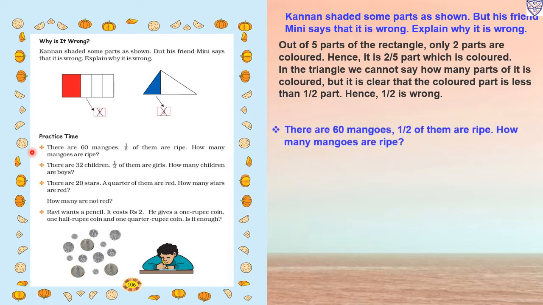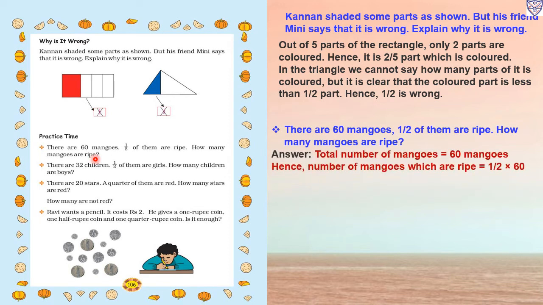Now practice time. There are 60 mangoes, half of them are ripe. How many mangoes are ripe? So there are 60 mangoes total, and half of them are ripe, means we have to find the half. So number of mangoes which are ripe equals half multiplied by 60, that is 60 divided by 2.